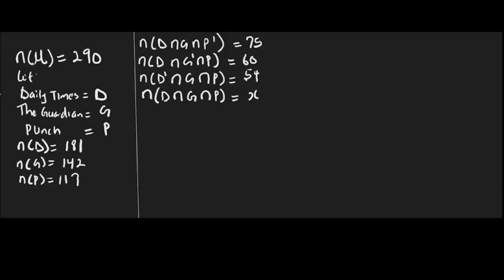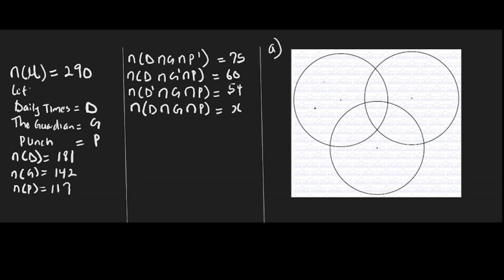We are asked to represent this information on a Venn diagram. We have three Venn diagrams here, one for Daily Times, Guardian, and the Punch. Now, number that read Daily Times is equal to 181, while second will go for the Guardian.